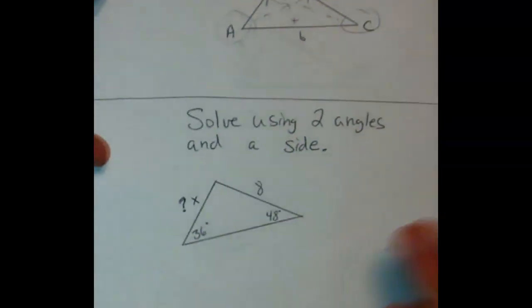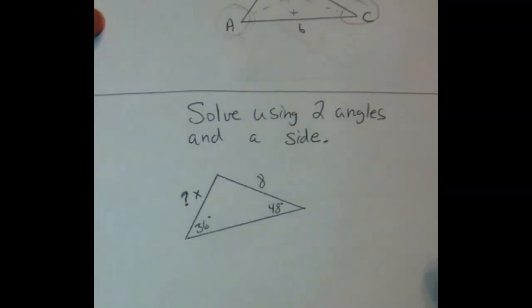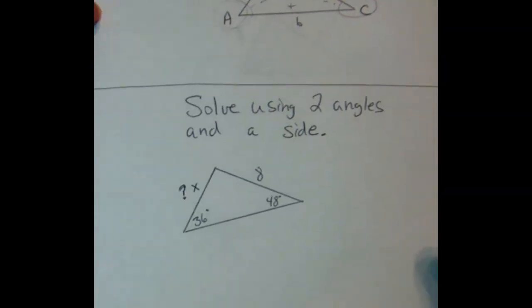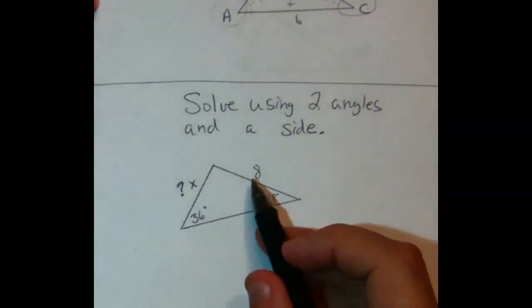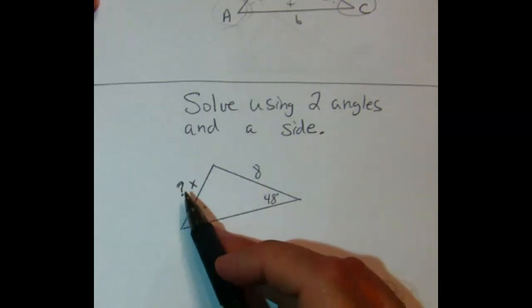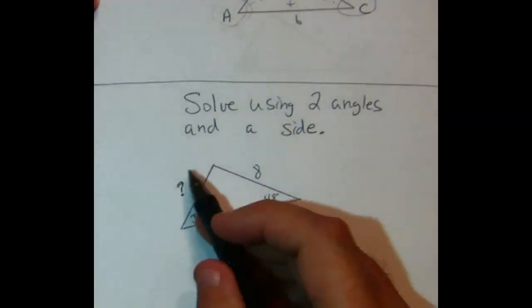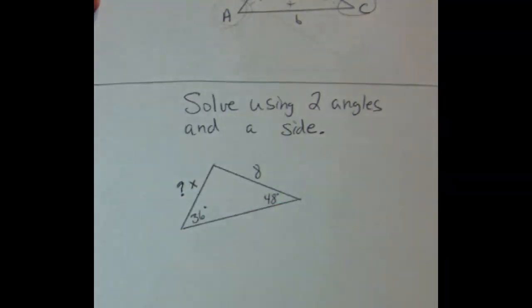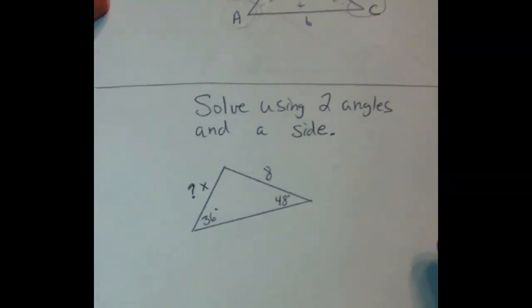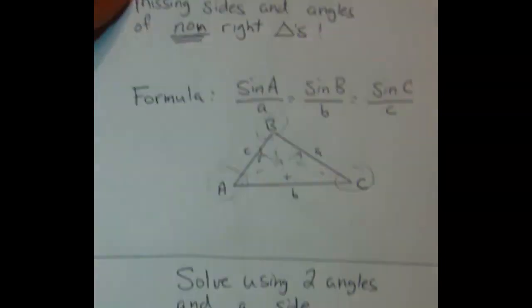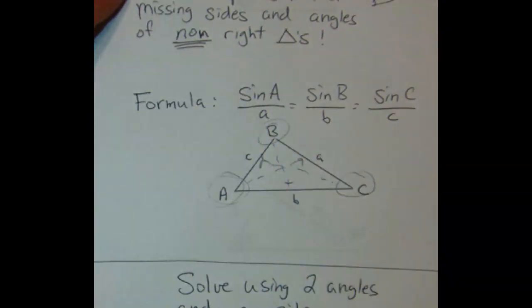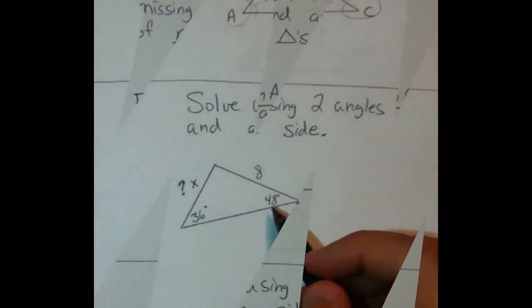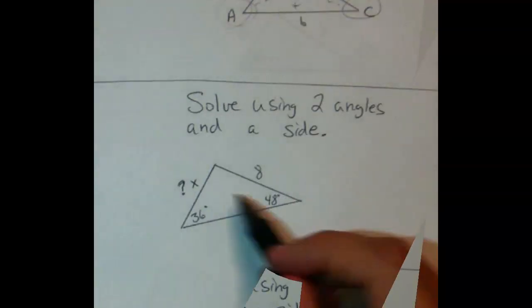So here is example number 1. We want to solve using two angles and a side. In this first lesson, I'm going to give you two angles and a side, and you need to find a missing side. So we want to find the value of x. We're going to use the law of sines. Notice in our formula we have the sine of the angle over the side that's opposite to it. I like to use the one that has the variable first.